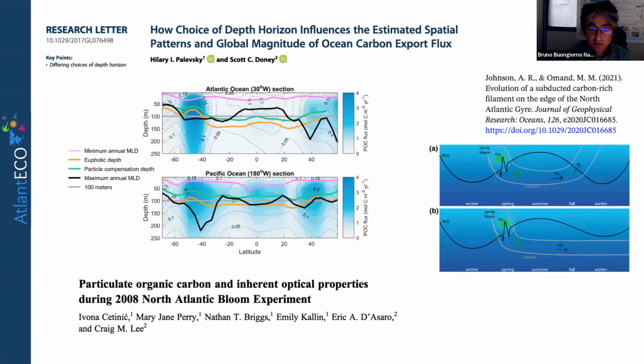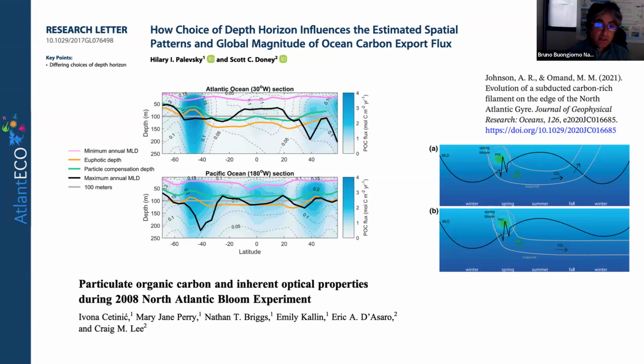And we did that testing different so-called depth horizons for the export, because very often in the literature, especially when looking at the gravitational pump, the export is just estimated as the flux across a flat surface at a fixed depth. So it may be 75 meters or 100 meters or something like this.